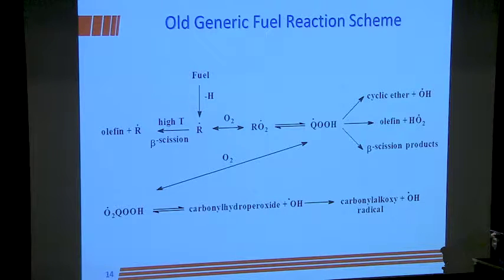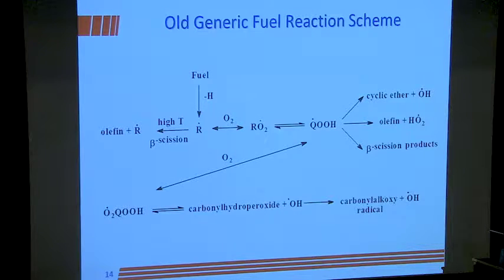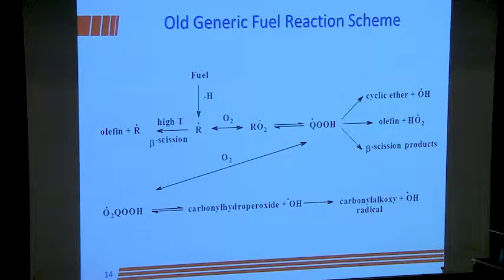There will be an effect I'll show you later, and you'll see it, okay? But it didn't affect it hugely, okay? Then this adds to molecular oxygen. We get O2QOOH, we get carbonyl hydroperoxide, and we get the second decomposition. So we go into branching, okay? So it's a little bit simpler system than what I showed you earlier with the colors and so on, okay?